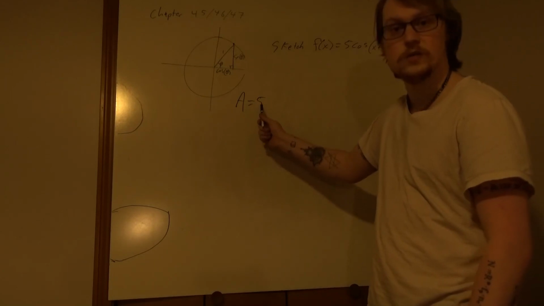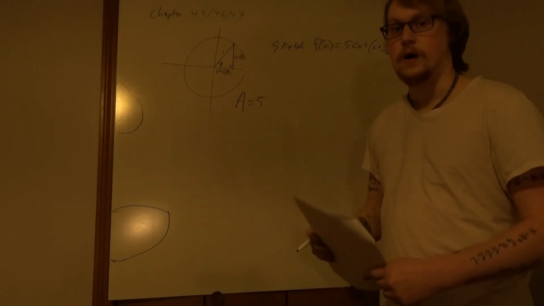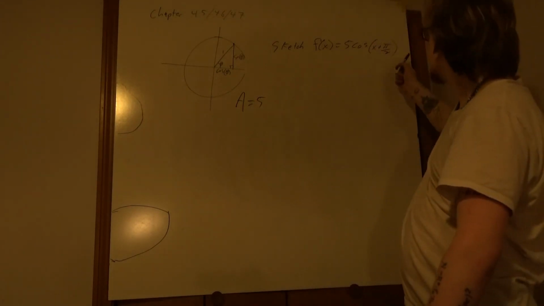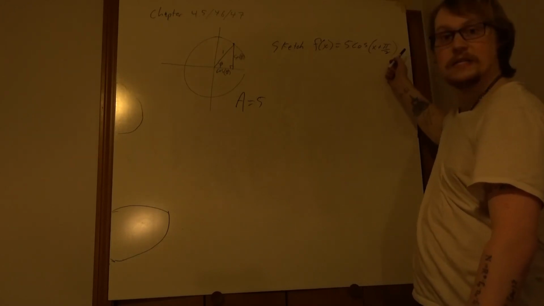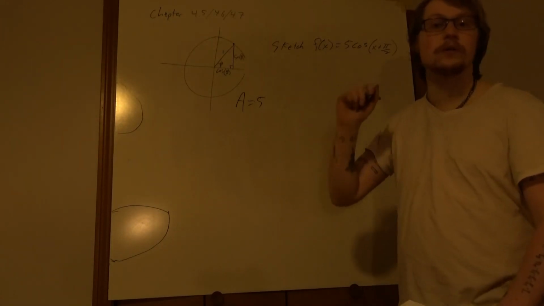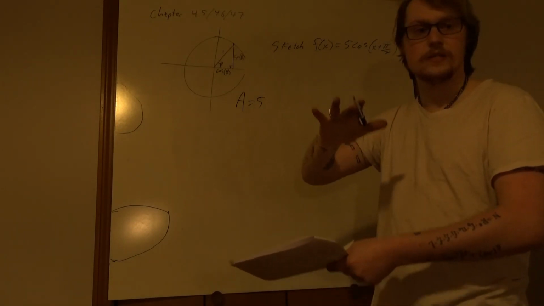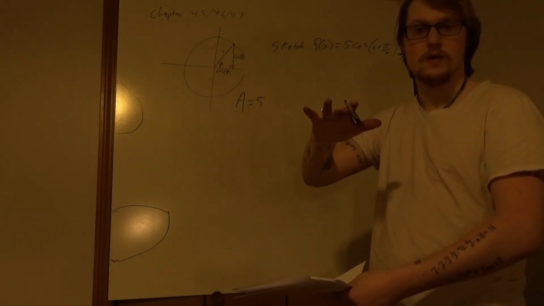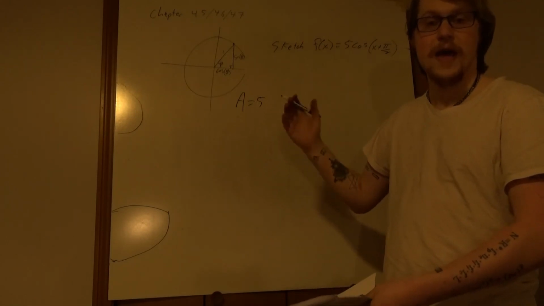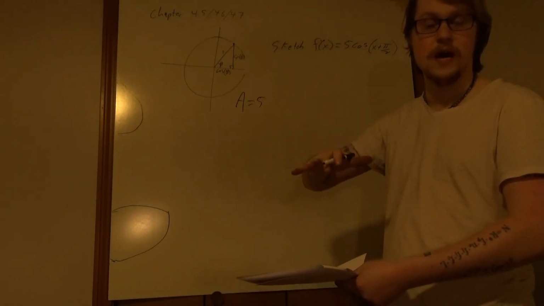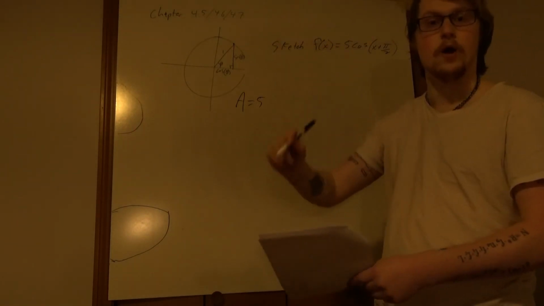So given this, we know what the bounds are. Given the bounds, and if there were any d term here, the shifting, we would know exactly what the bounds are, right? So we know what the distance to min and max is going to be 2 times 5. And if we had the whole thing shifted up or down, we'd know exactly where on our graph it goes.